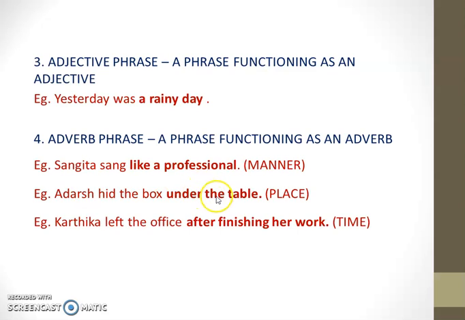Here, under the table is the adverb phrase. It shows the place in which Adarsh hit the box, and therefore it is an adverb phrase of place. Coming to the third example, Kartika left the office after finishing her work. In this example, after finishing her work is the adverb phrase that shows the time when Kartika left the office, and therefore it is an adverb phrase of time.